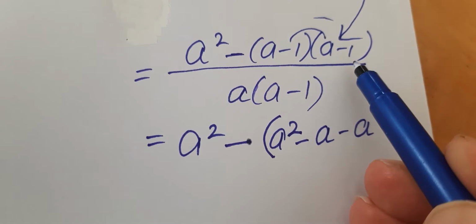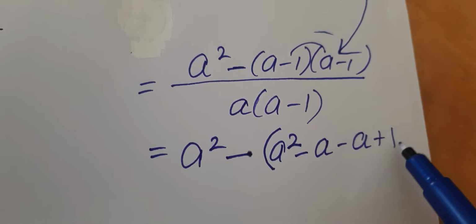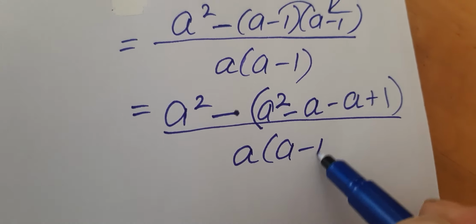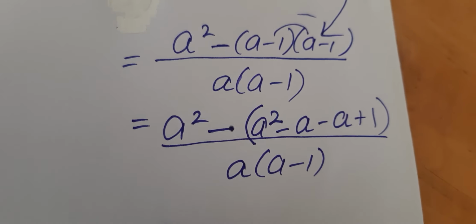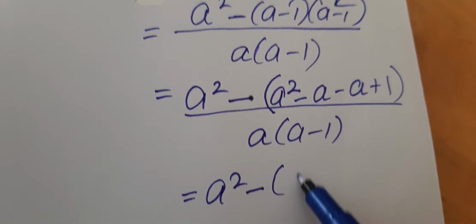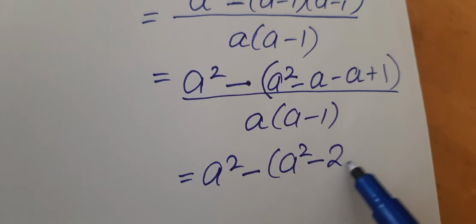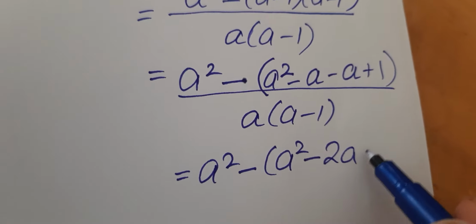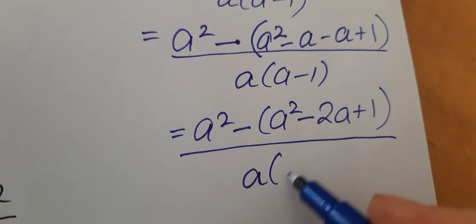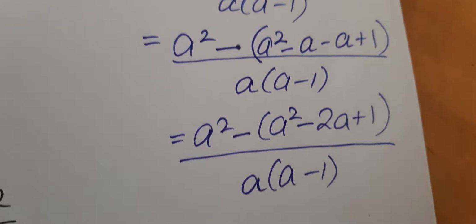And then minus 1 times minus 1 is plus 1, all over A times A minus 1. We carry on working the numerator. A squared minus 2A, because that's minus A minus A, plus 1, all over A times A minus 1.